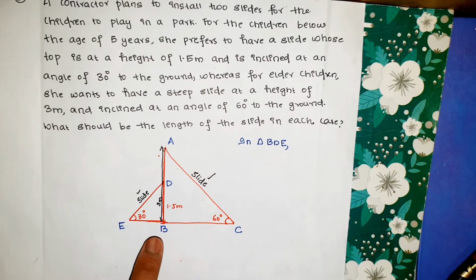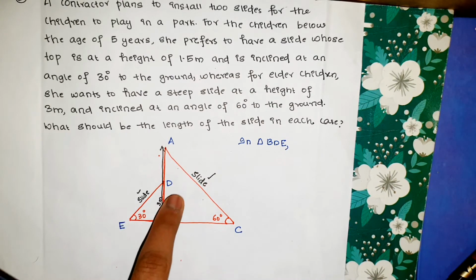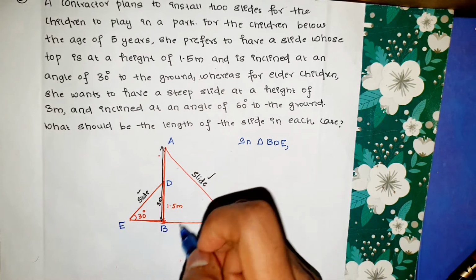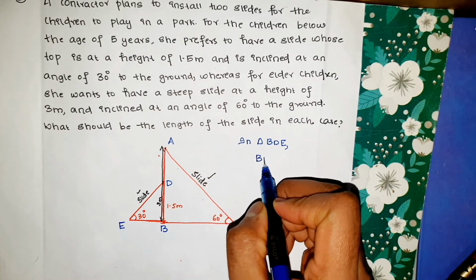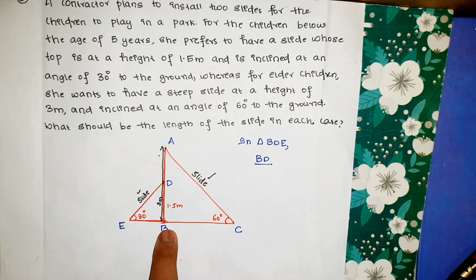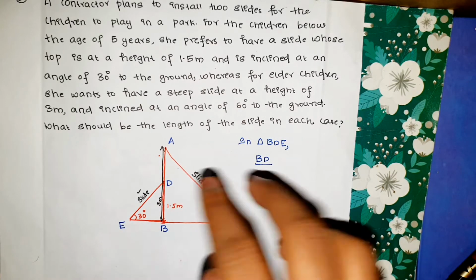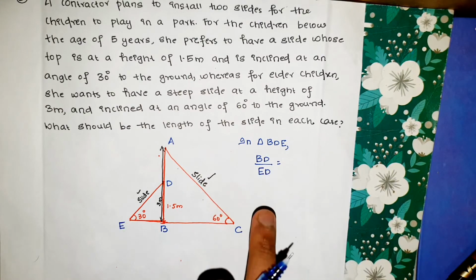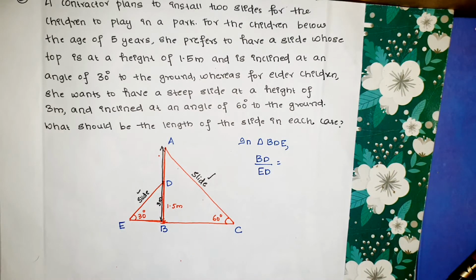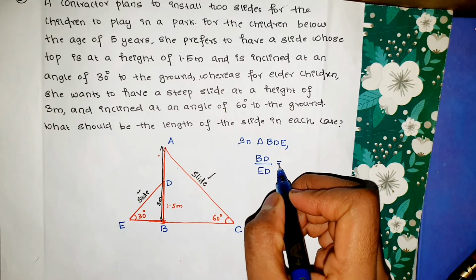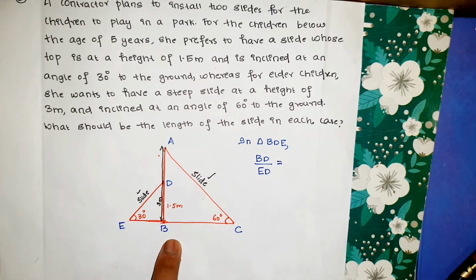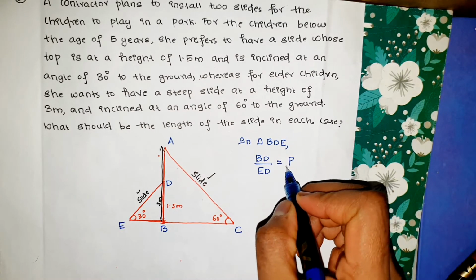What is given? BD is given. We have to find ED. So ED is equal to, or else you can take BD by ED, both are correct. BD by ED is equal to, what is BD? BD is P, and what is ED?